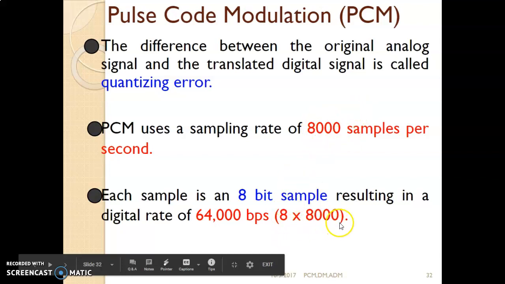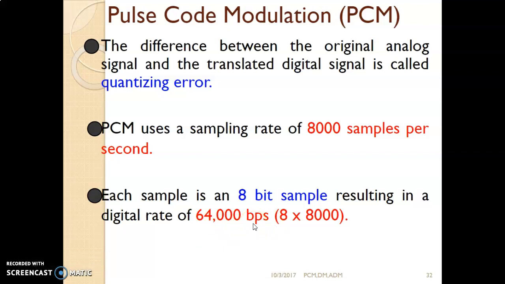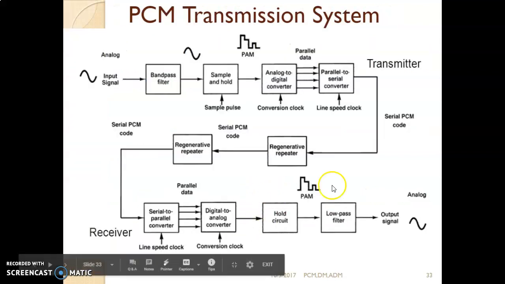So 8 into 8,000, resulting digital data rate by which the PCM signal is transmitted is 64,000 bits per second. Now we will look at the block diagram of the PCM system.